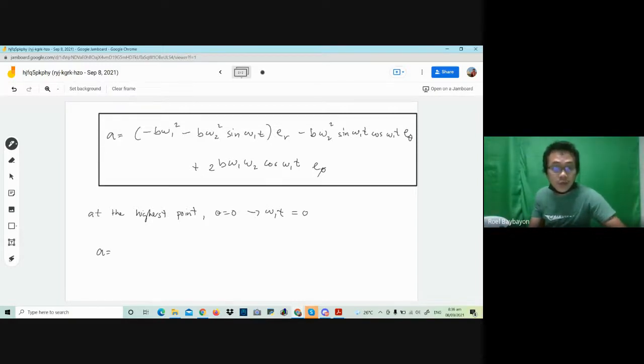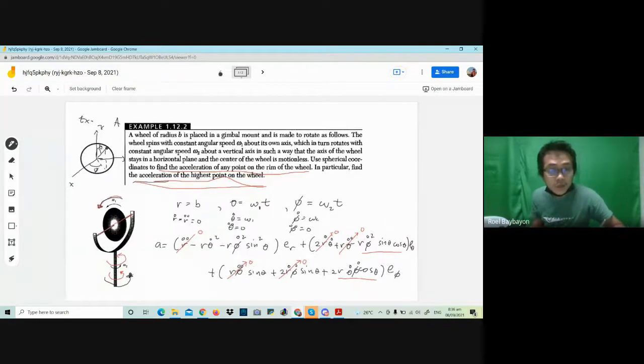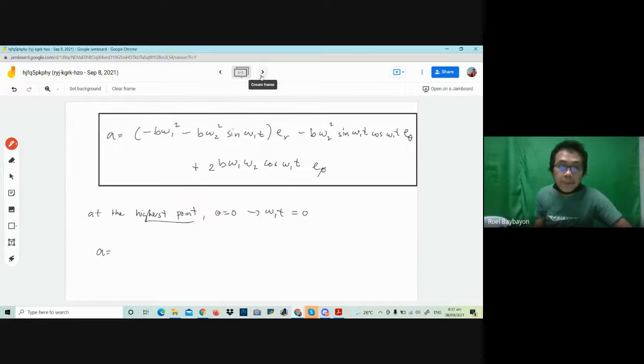At the highest point, the particle or point where you are finding the acceleration, your theta in that point is equal to 0.